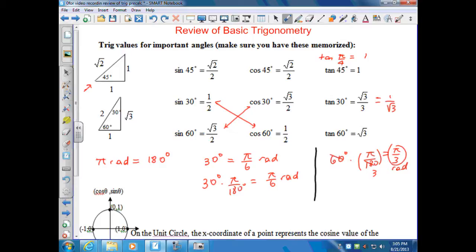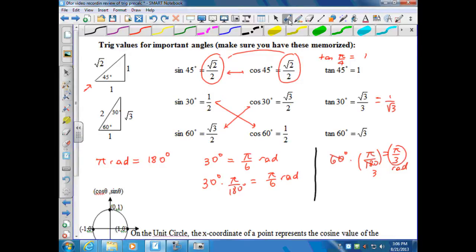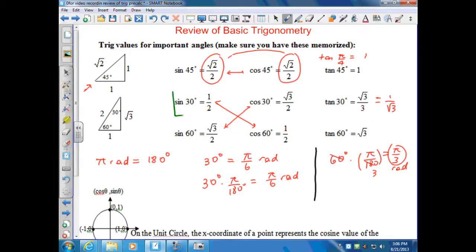And you can see that clearly here, sine 45 degrees equals cosine 45 degrees. So what I would suggest is just remember that sine of 45 is root 2 over 2, and that will be the same as cosine 45. Okay. Then if you just remember sine of 30 is 1/2, from that you can get cosine of 60, which is also 1/2, right?